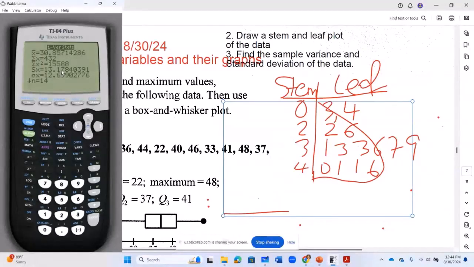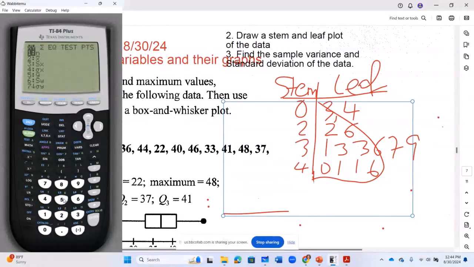And if I'm told to find the variance, then I will square the standard deviation. So let me find the variance. There are many ways I can find the variance. I can quickly just copy this down and square it, or alternatively go to VARS, Statistics.